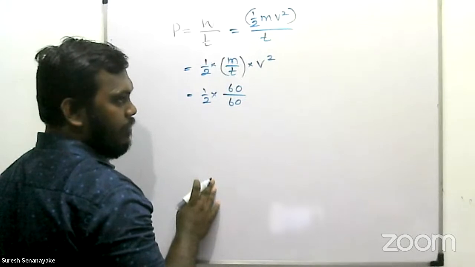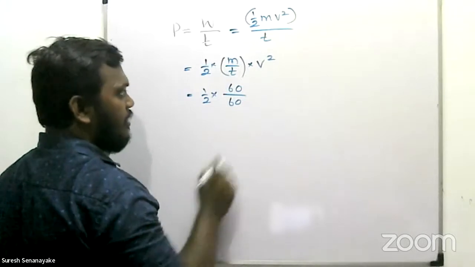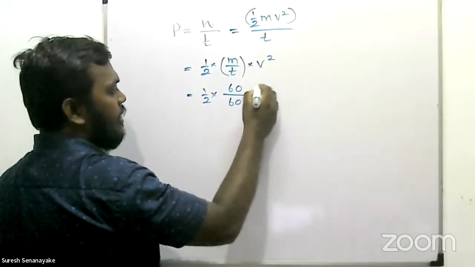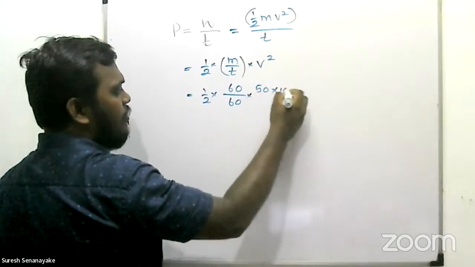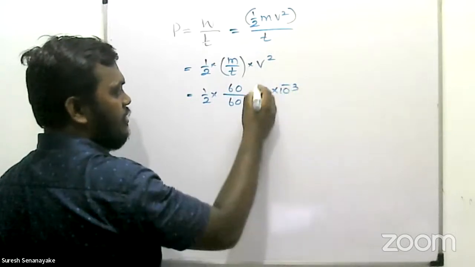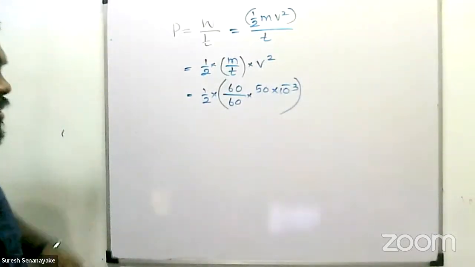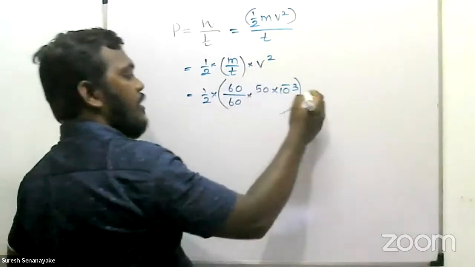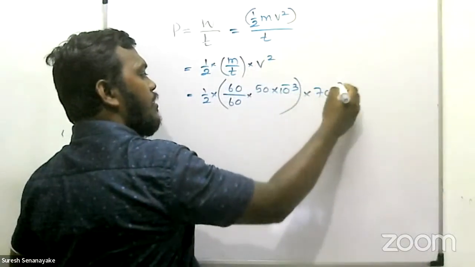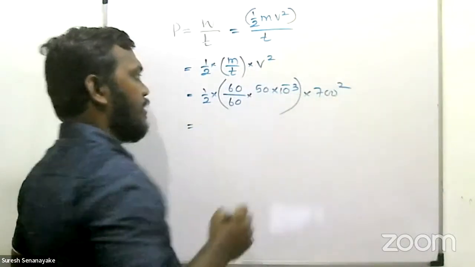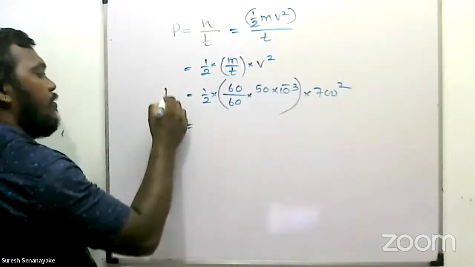So 1 bullet per 1 second, and 1 bullet has a mass of 50 gram, 50 into 10 to the minus 3. That's the rate of mass per second, and we multiply by the square of 700 meters per second. That is the power generated or power developed.